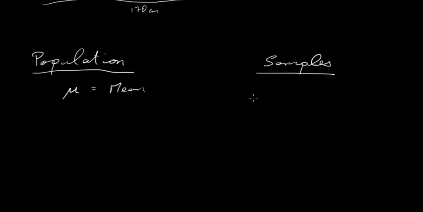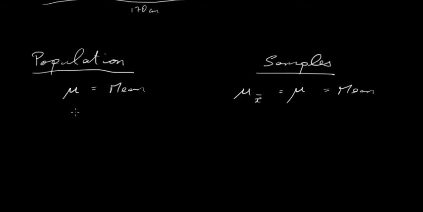Our sample will have a mean. This is our sample mean, which actually also happens to be the same as this value here. So for whatever the mean of our population is, our sample means will also have that same mean. So this is our mean here of our samples.